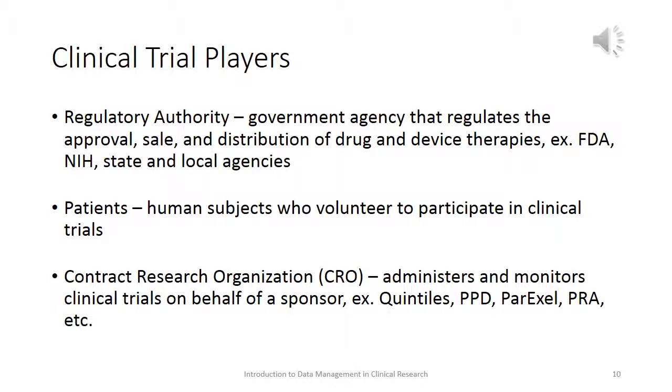Those four that I mentioned are the four largest CROs in the world. Quintiles is headquartered right here. PPD is headquartered in Wilmington. PRA is headquartered here in Raleigh. Parexel has a significant operation here locally in Durham, even though they aren't headquartered here. They still have a very large presence.